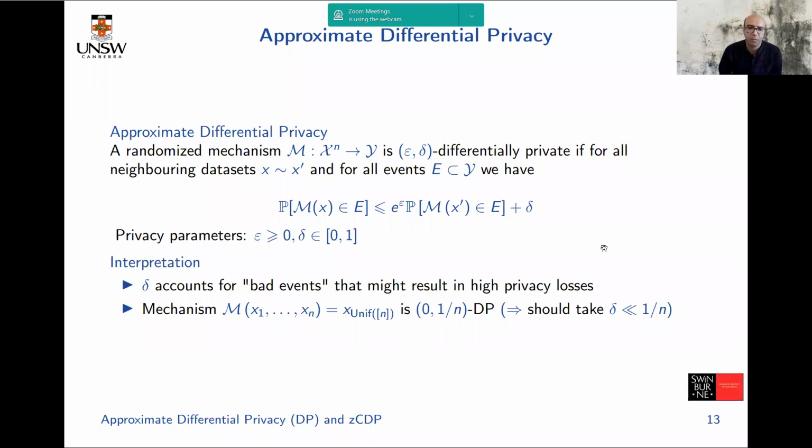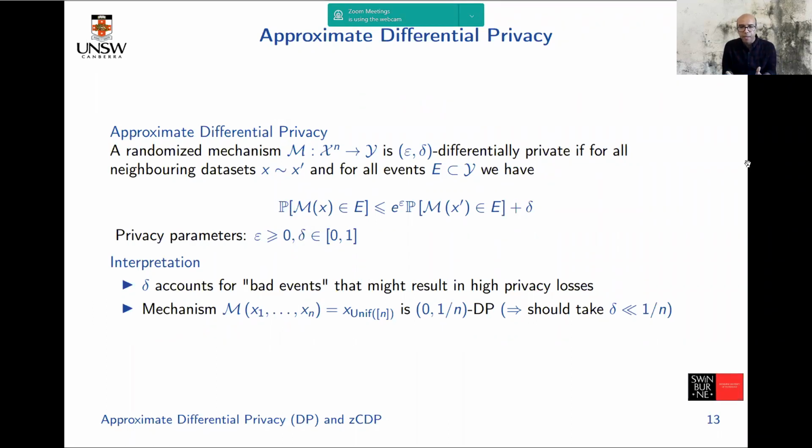and for all elements, we have this inequality in terms of the probability of the output of the randomized mechanism applied to X and X prime. But here we add delta. Delta is a value that represents a probability, and in this case, delta accounts for bad events, for bias or outliers that might result in high privacy losses.